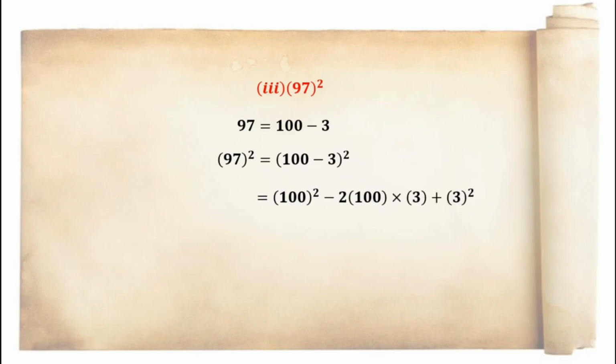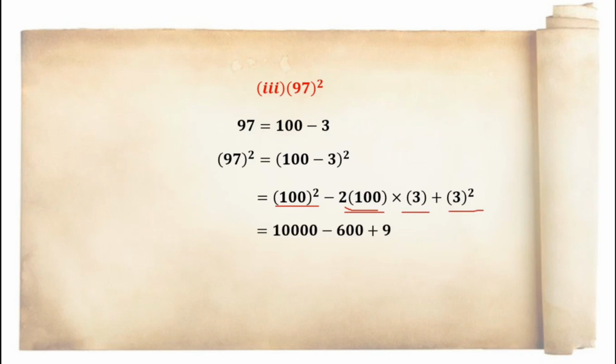You will see here that 100 raised to 2 minus 2 into 100 into 3 plus 3 raised to 2, and 100 raised to 2 means 10,000, and 200 into 3 will be 600, and 3 raised to 2 will be 9.